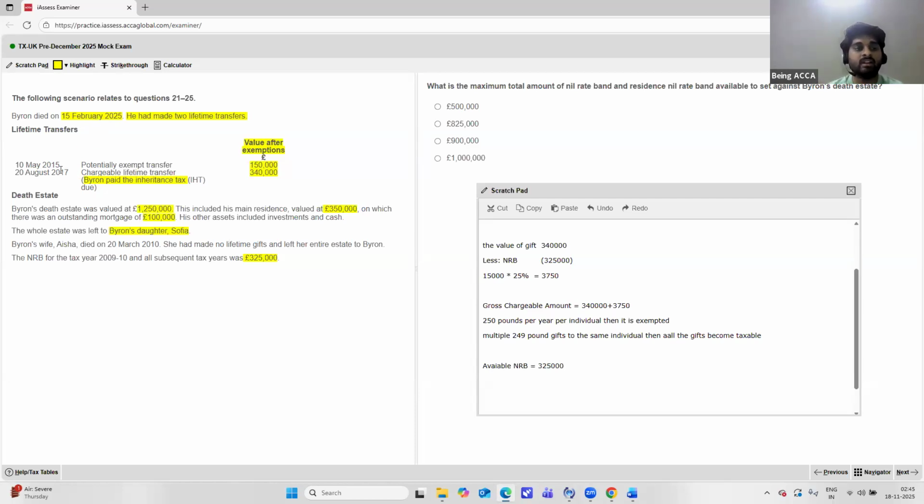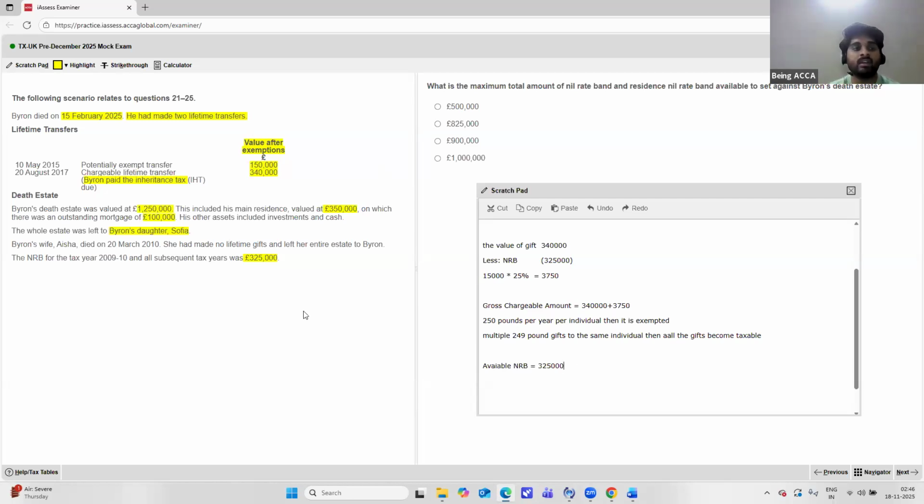The gift will be carried forward until 20th August 2024, but Byron has died on 15th February 2025. So because of that, the entire nil rate band of 325,000 is completely available. All right, so 325,000 is available to Byron.